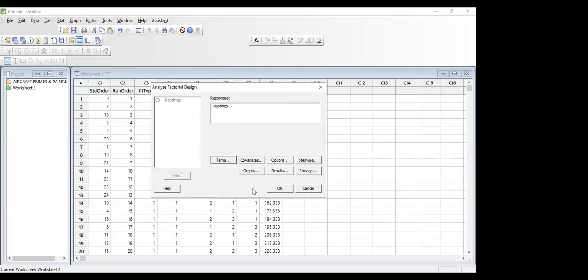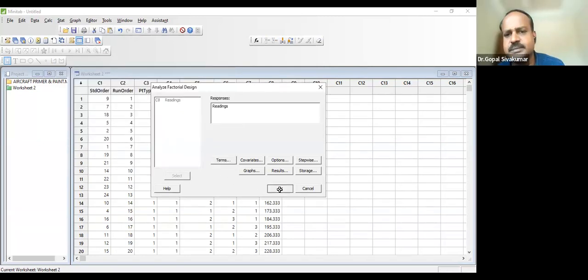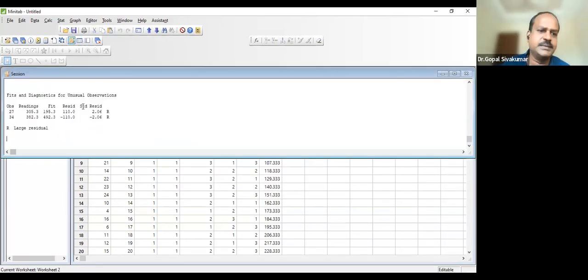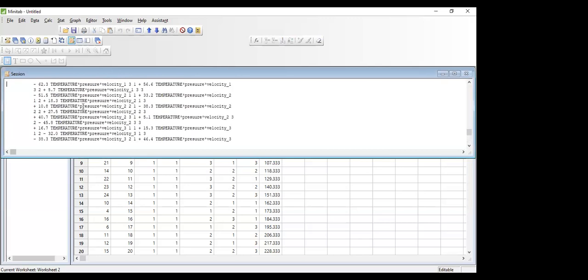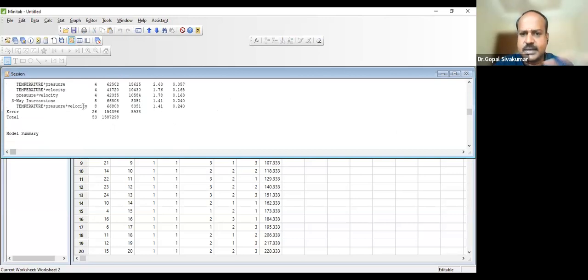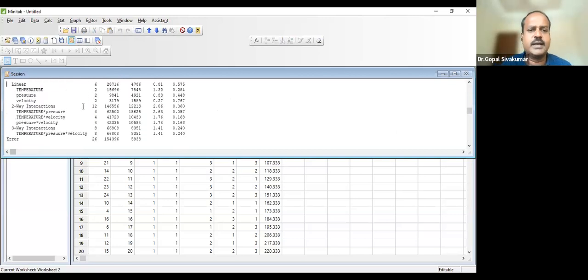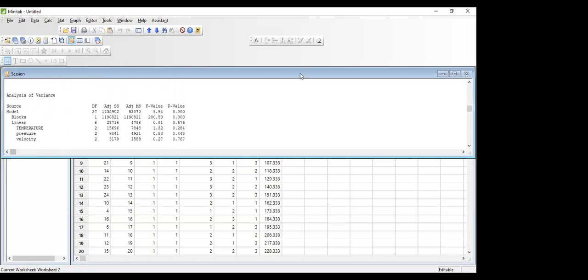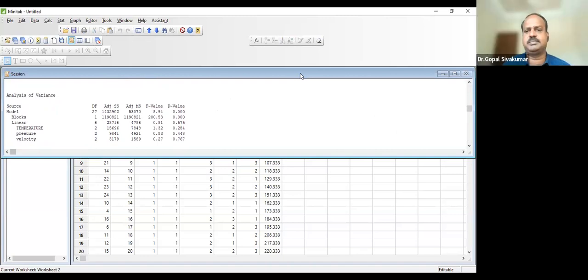Now the analysis is done. The job of conducting the DOE and analyzing the DOE has become much easier with the assistance of Minitab.